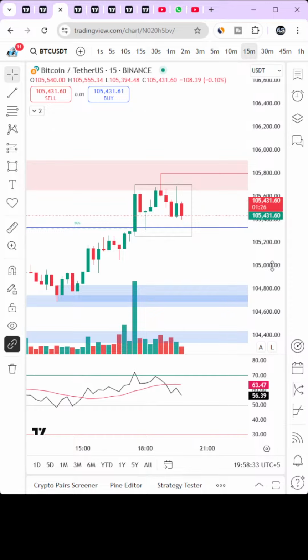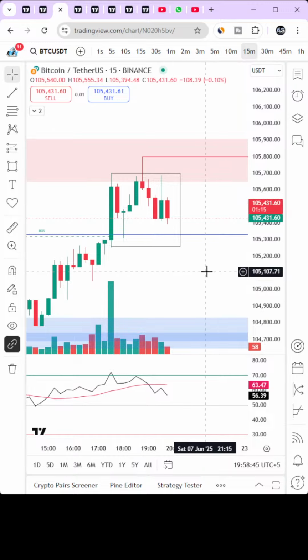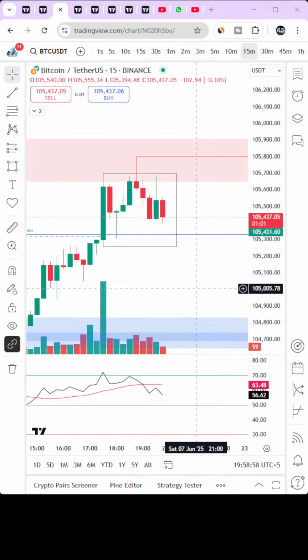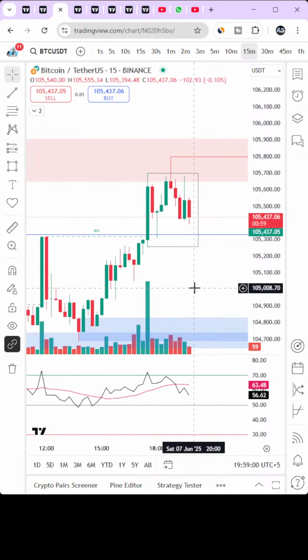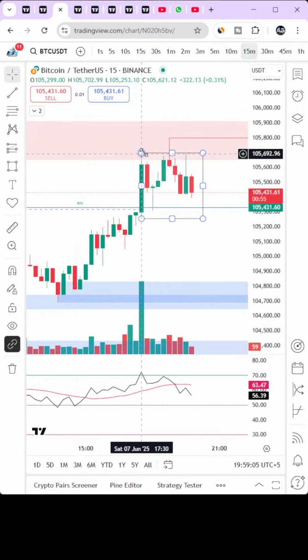There are 1 minute 26 seconds to close this 15 minutes candle. Let's see what kind of behavior it shows. I had already told you that this is the best candle.